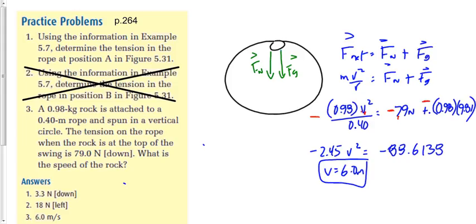I'm not asking you to calculate something. I'm asking you to use just some logic on that. If I swing it faster, does the string have to pull less or more as it goes faster? More. So the tension or the normal force would be bigger, right?